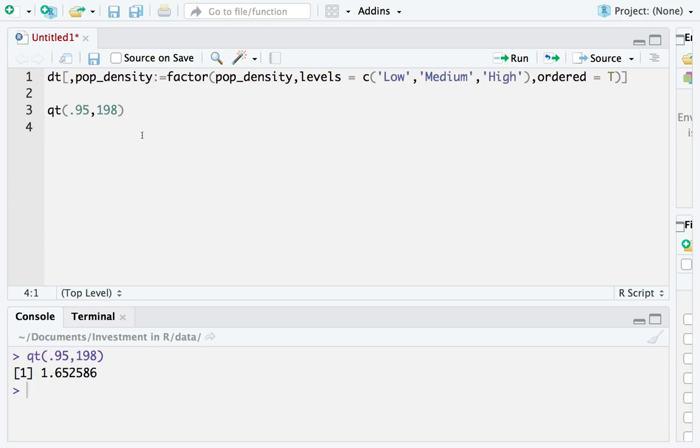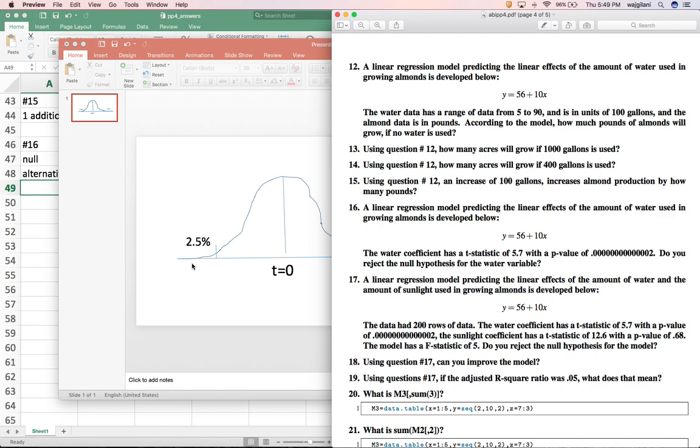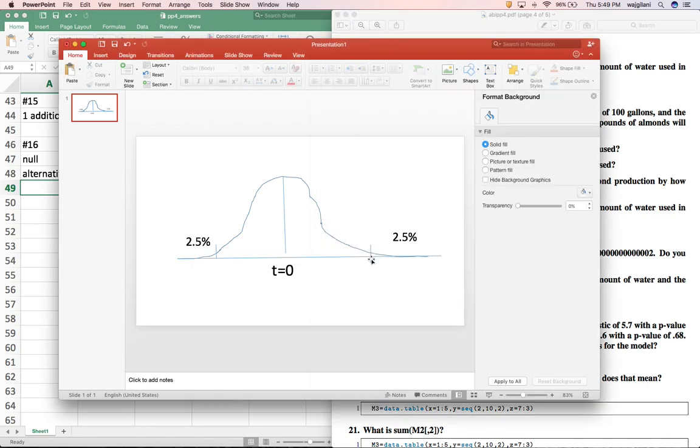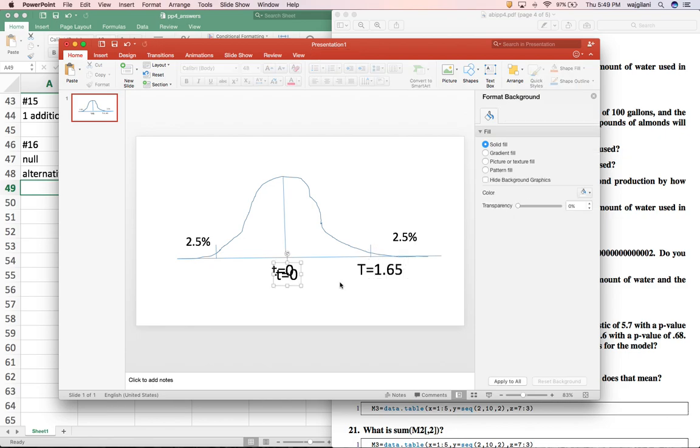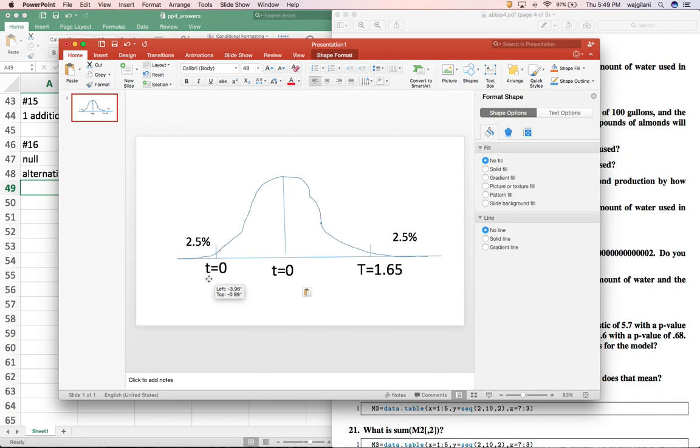I get 1.65. What that means is the critical region here for t starts at, let me just copy and paste this, 1.65, and negative 1.65.